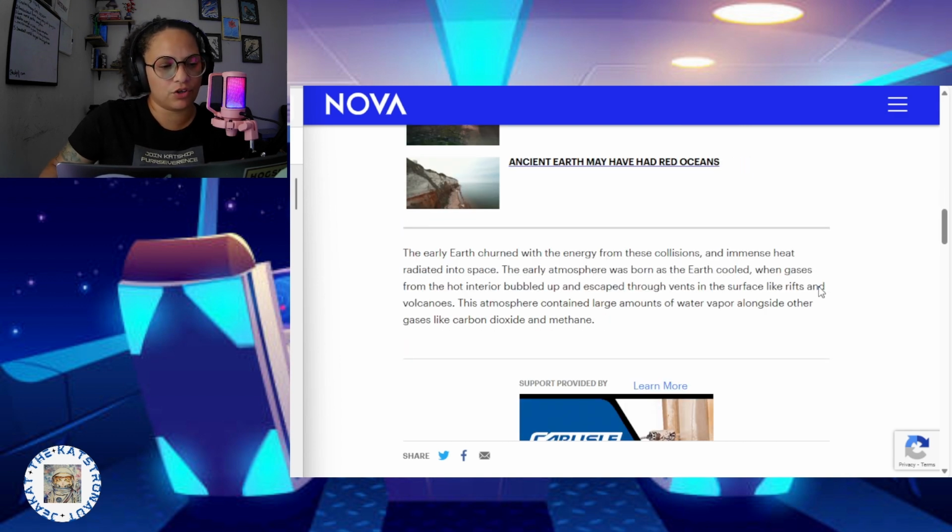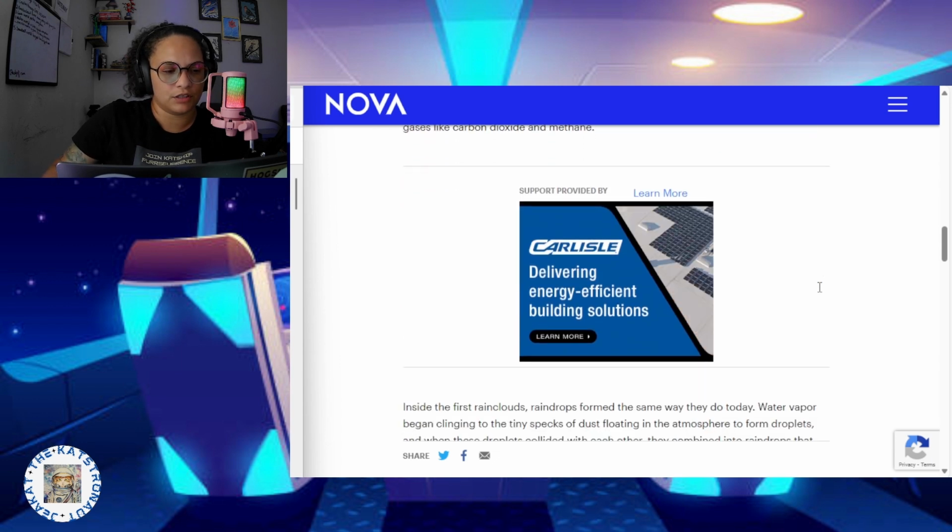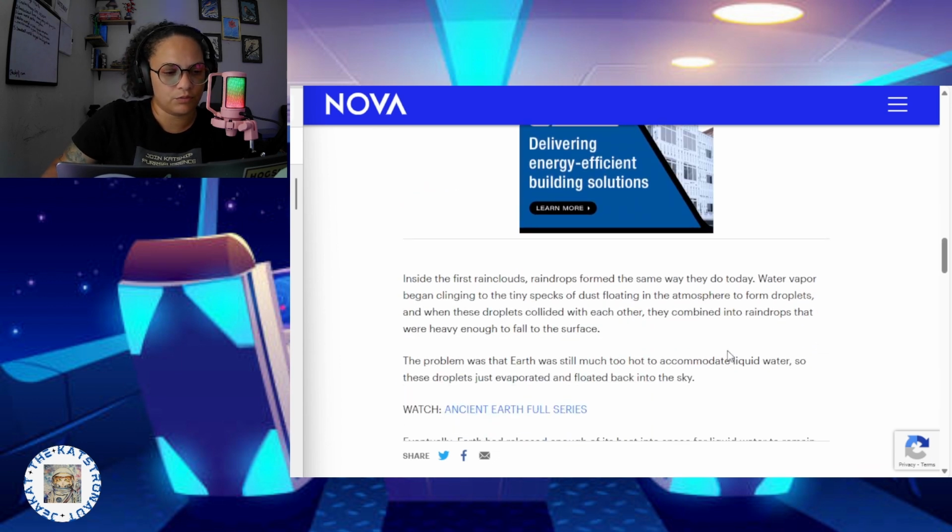And so in this article, it also just basically says what I also just said, that there was a lot of atmosphere building during the cooling down portion, and then eventually the Earth did cool enough to where it could start raining.